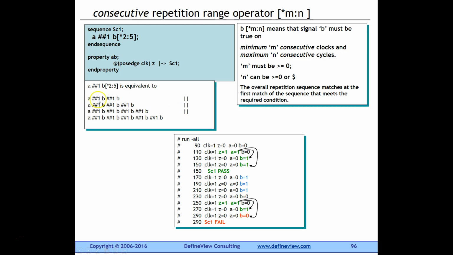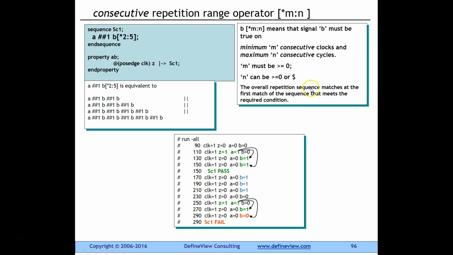So if this condition is met, 2 consecutive B, then the property will end because it's an OR. Either B should remain high for 2 consecutive clocks, or 3, or 4, or 5 consecutive clocks. So obviously, since this is an OR, as soon as we see B followed by B, then the property ends.